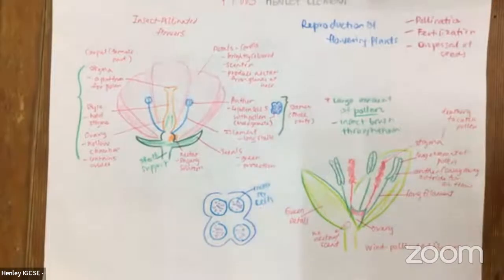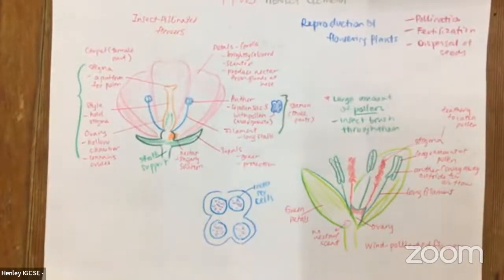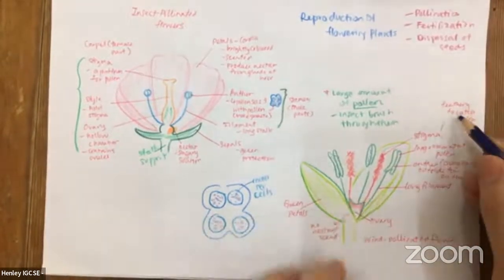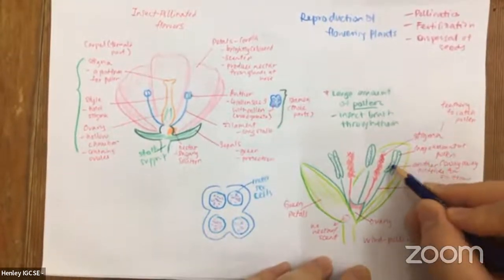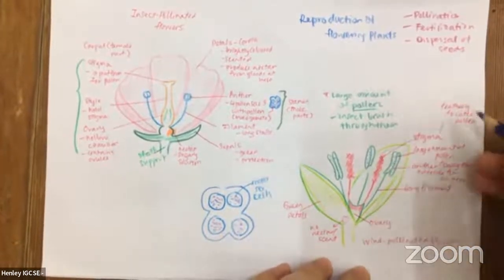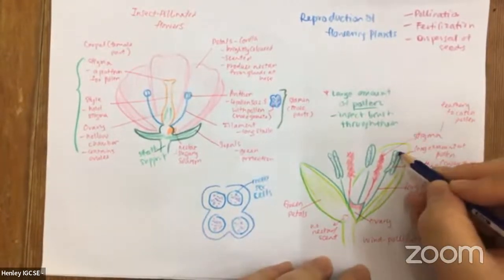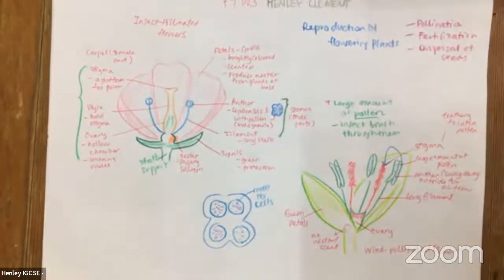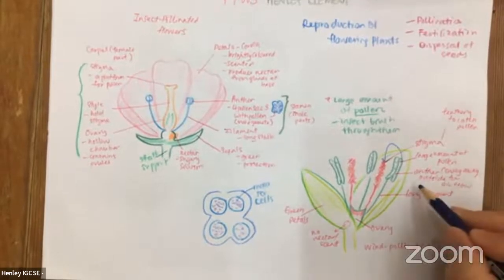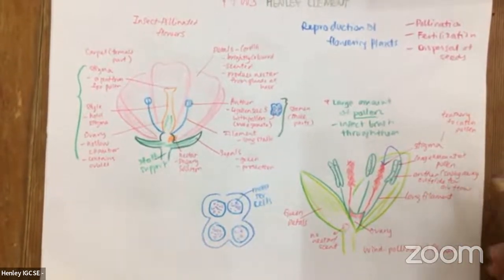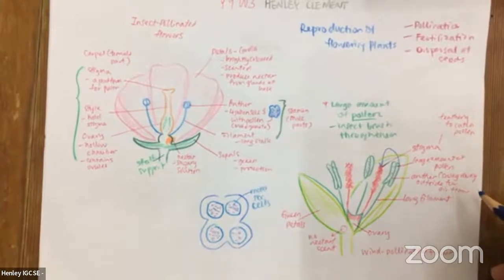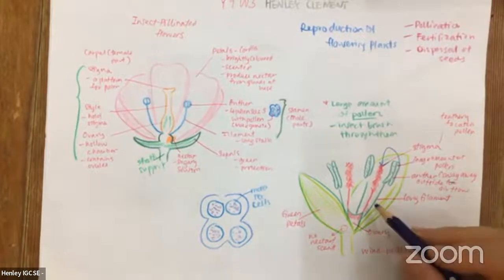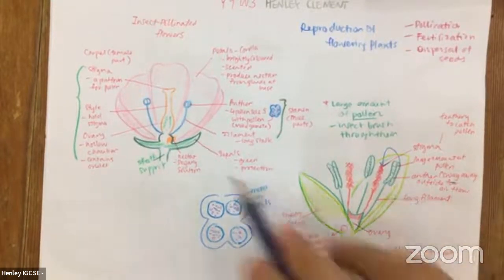Large amount of pollen. So the stigma is ready to catch the pollen, and with this large amount of pollen, when the wind flows, the wind can bring the pollen to the stigma. The pollen can be swayed away outside by airflow. This filament is slightly longer than that.